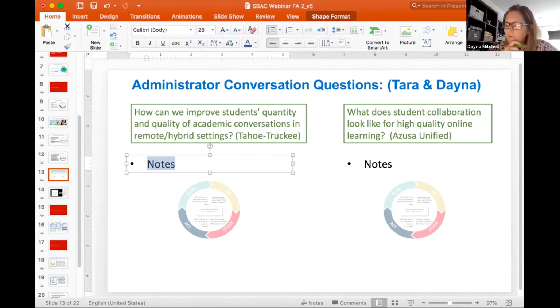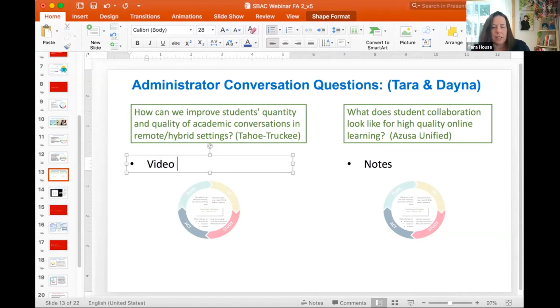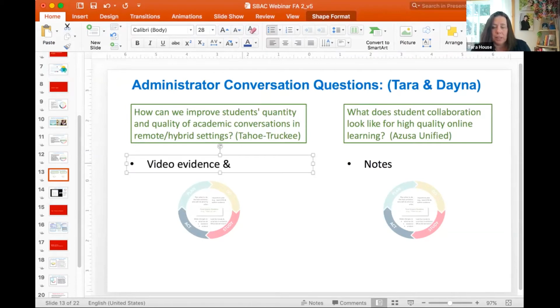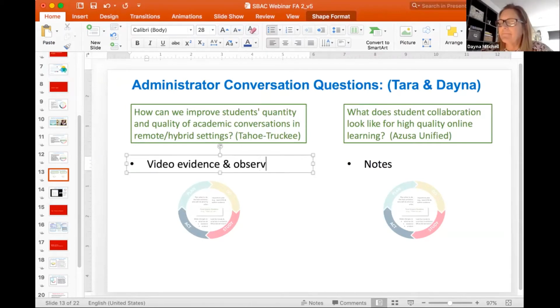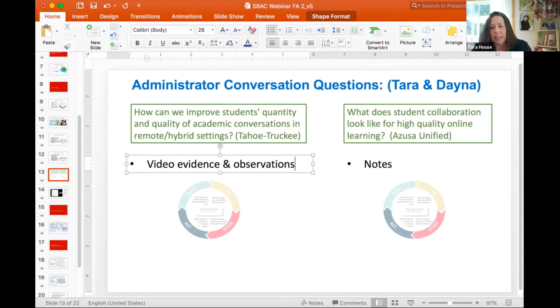And so what evidence did you gather to come up with this particular question? Did you have some evidence for that? Yeah, so like Tess said, we had been collecting video evidence in the classroom, and a lot of formative assessment using conversation analysis tools. But one of the advantages of being remote is that students can record themselves and teachers can record meetings that they set up really easily.